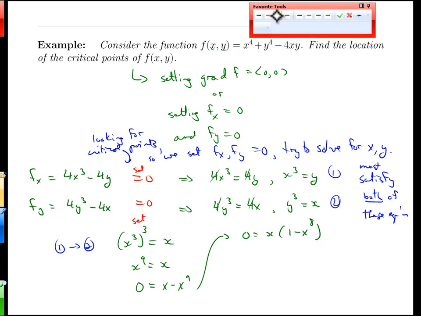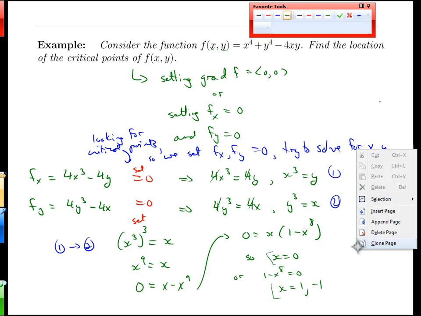Once it's in factored form, we can identify the solutions, either x equals 0 or 1 minus x to the 8 equals 0. The only solutions for this are x equals 1 or minus 1. They're the only values that when I put them to the 8th power are going to cancel with a 1. So those are our three x values. And let's actually do this on another page just to be certain that we've got all this.